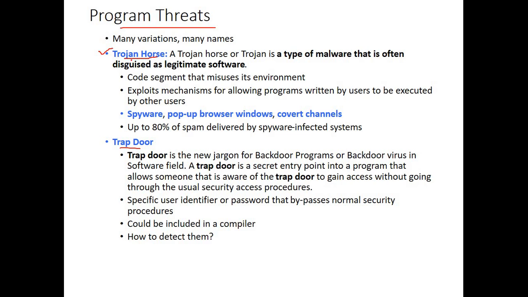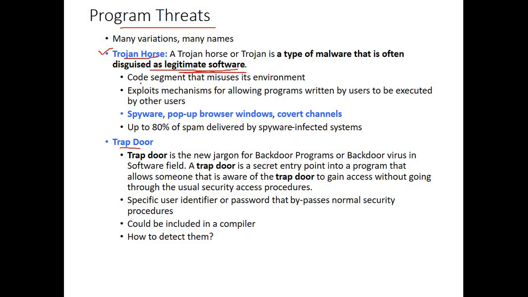A Trojan horse is a type of malware that is often disguised as legitimate software. What is meant by legitimate software? It is like licensed software or trustworthy software, valid software.